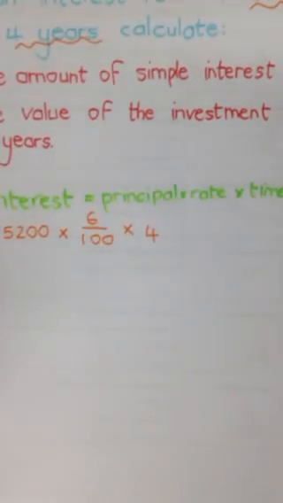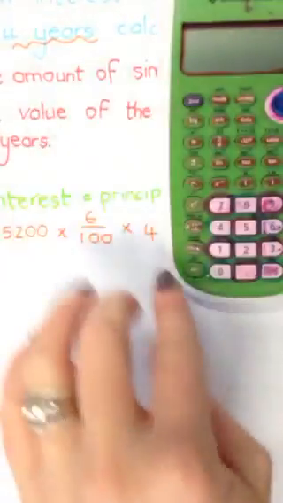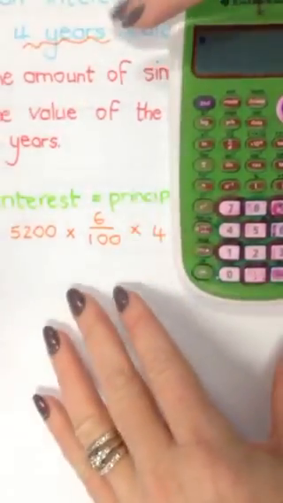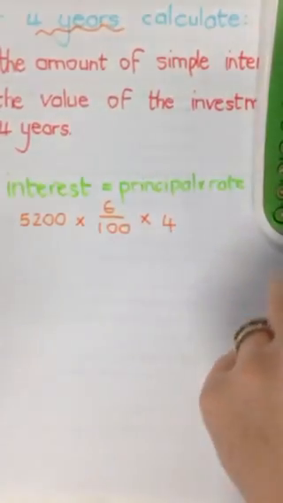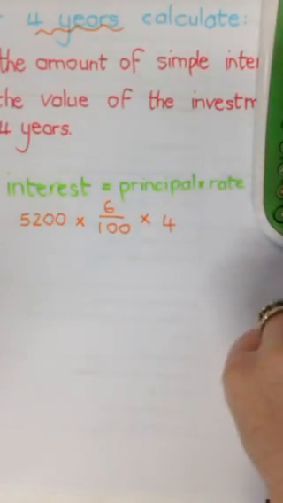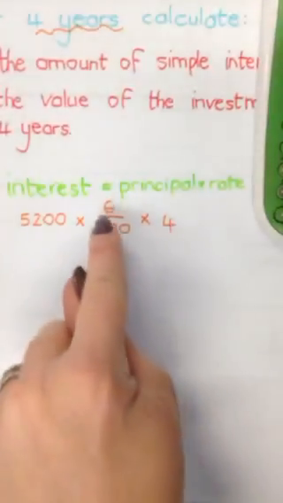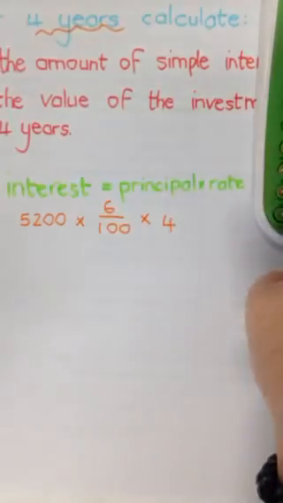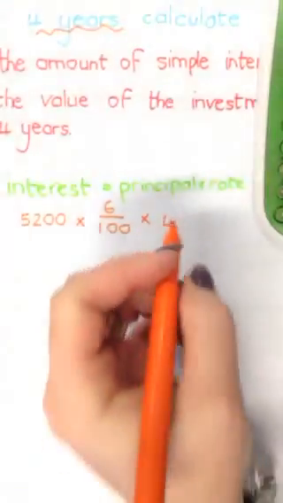Now, if we put that into our calculator, where's my calculator? So, yes, this is a disgusting calculator, but anyway, 5,200 times by, and I go 6 divided by 100 because it's a fraction, times by 4 equals, I get 1248.